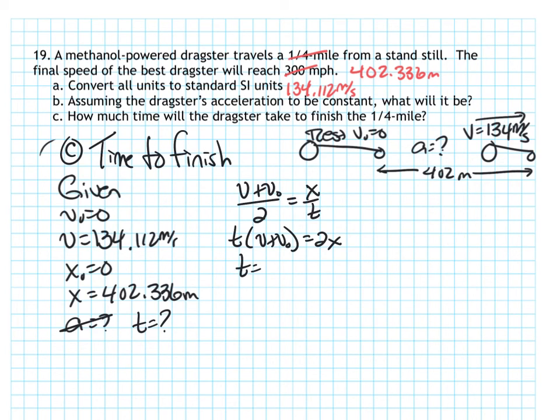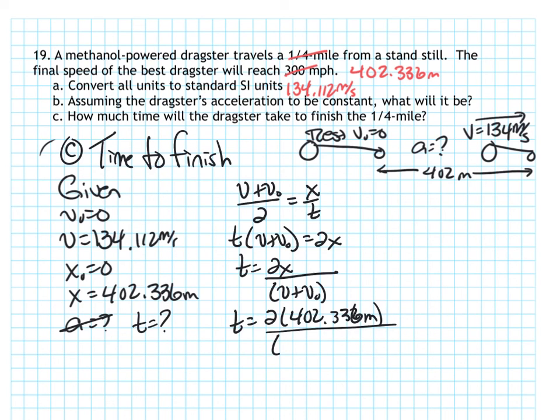So t is equal to 2x divided by v plus v naught. So t is equal to 2 times x, that's 402.336 meters, divided by final velocity 134.112 meters per second plus 0.